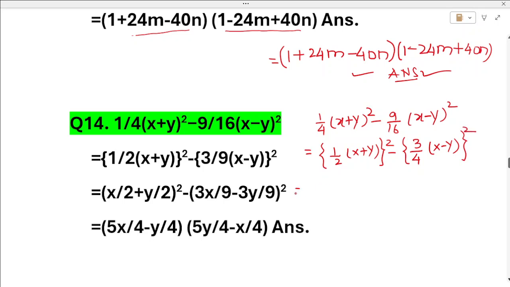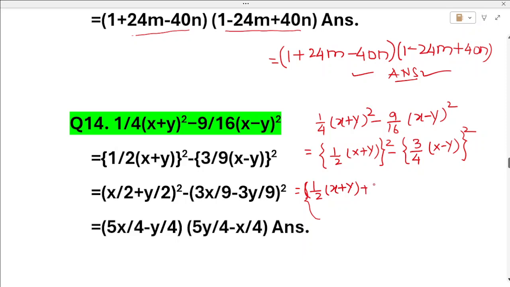Now, the sum and product of sum and difference, or difference and sum, in any way that you can put it. So 1 by 2 (x plus y), I need to change the bracket like this.